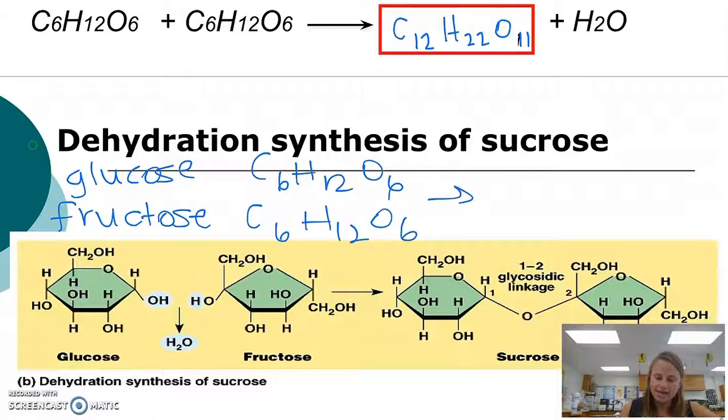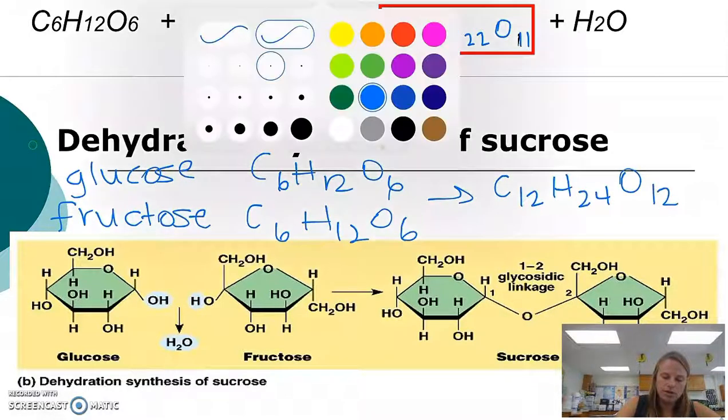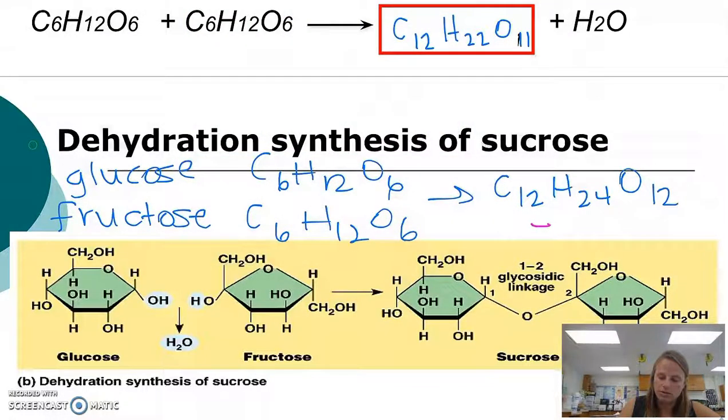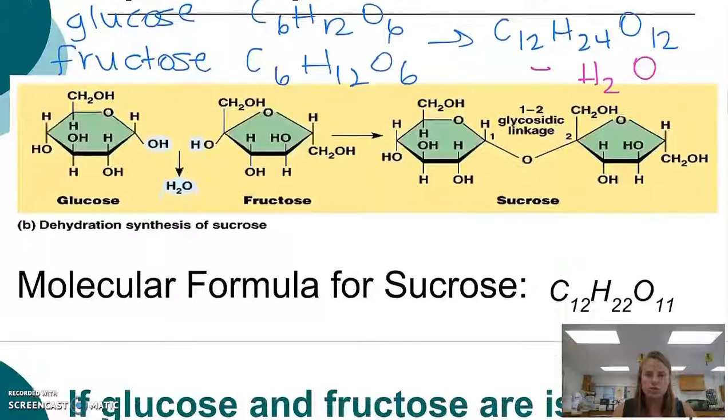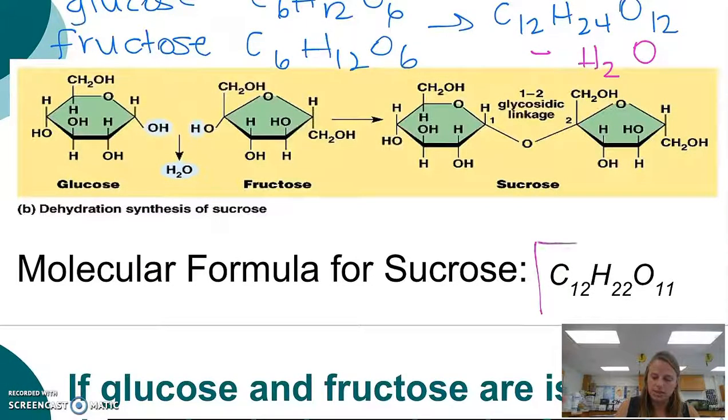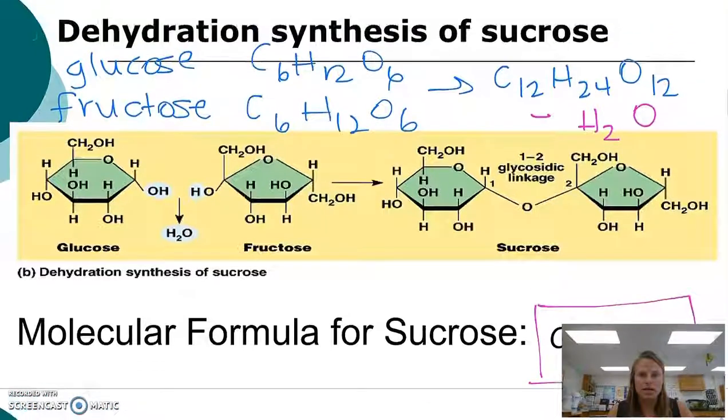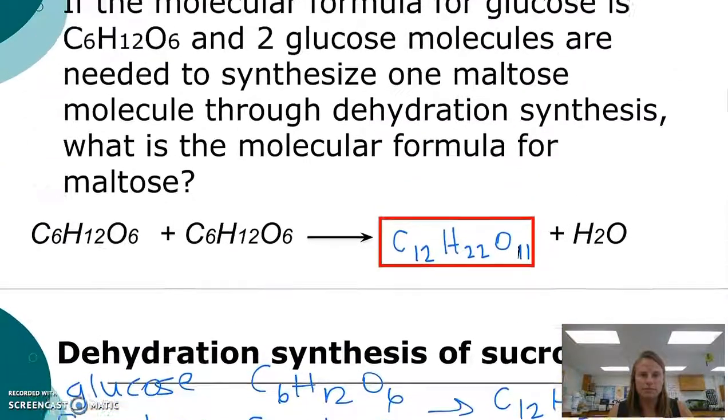Again, you would think that we would get C12H24O12, but remember, we need to take out H2O. So that leaves us with the molecular formula for sucrose as C12H22O11.